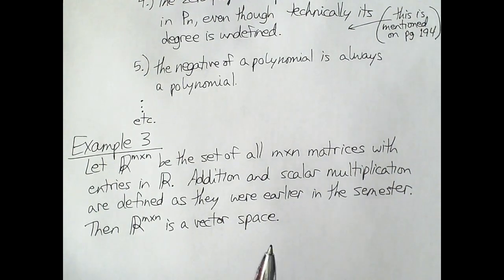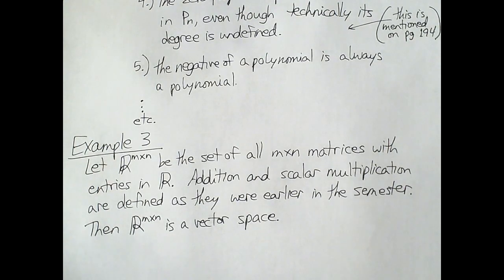I know that seems a little weird. We're using the word vector to talk about polynomials and matrices, but we're kind of broadening the usage of that word vector. Anyway, 1 times a matrix is a scalar multiple of 1 times a matrix. Yes, property 10 does work.